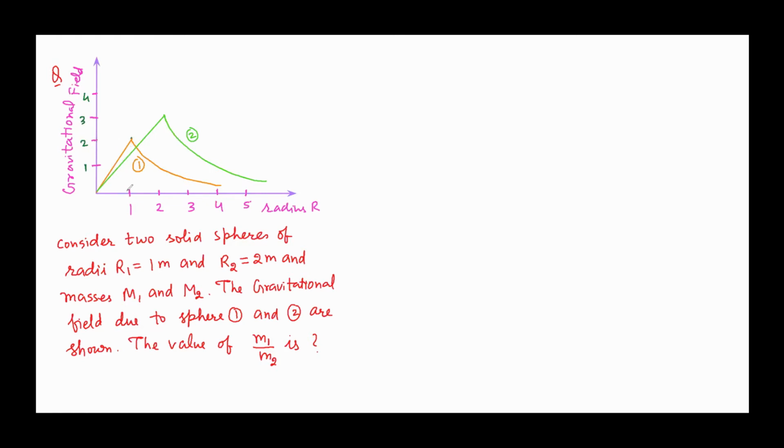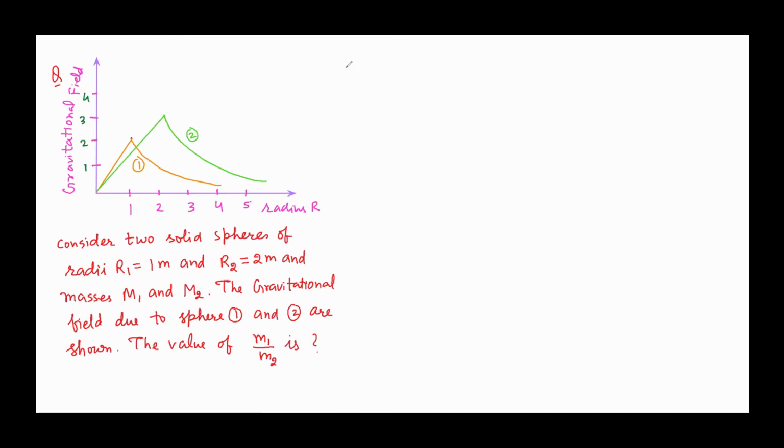The value of radius is 1, and the intensity comes out to be 2. And this is sphere 2. Its intensity also increases, becomes maximum at radius 2, and the value of intensity is 3. We have to find the ratio of the masses of the two spheres.